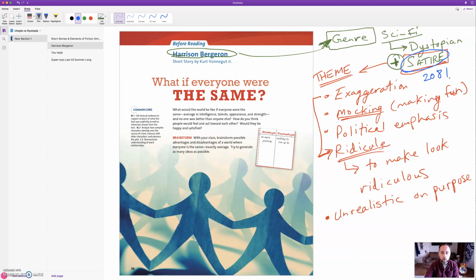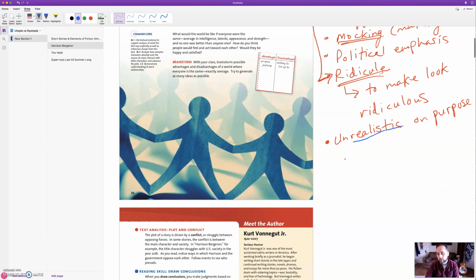In the 2081 movie version, satire is almost entirely missing. Instead, they try to make it look super realistic. So modern readers, especially those who have gotten used to amazing special effects and modern Hollywood adaptations of sci-fi, fantasy, etc., can totally miss the point of the short story if they're expecting something super realistic. The point is that it is unrealistic.